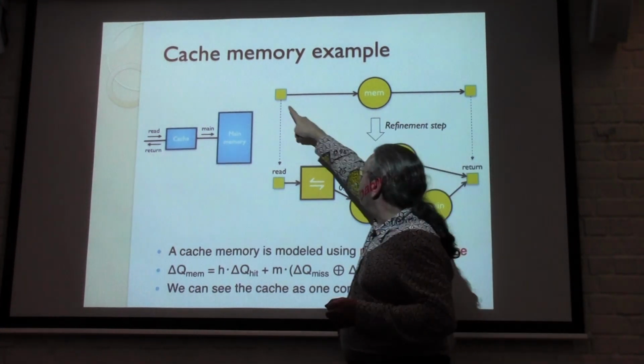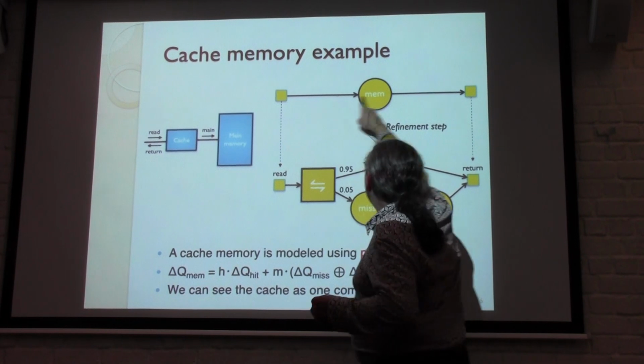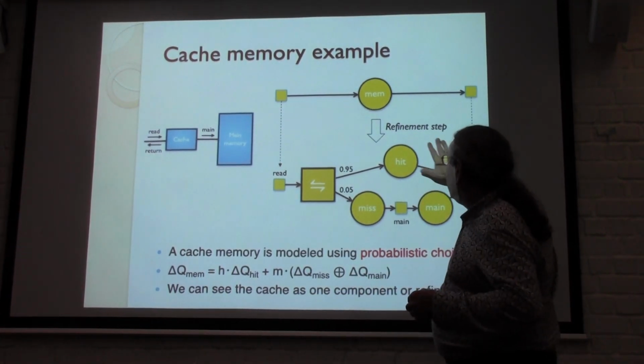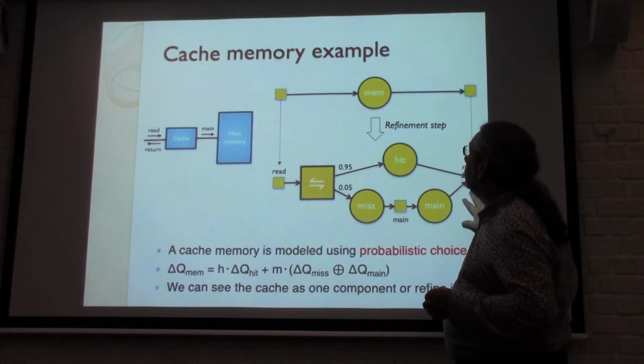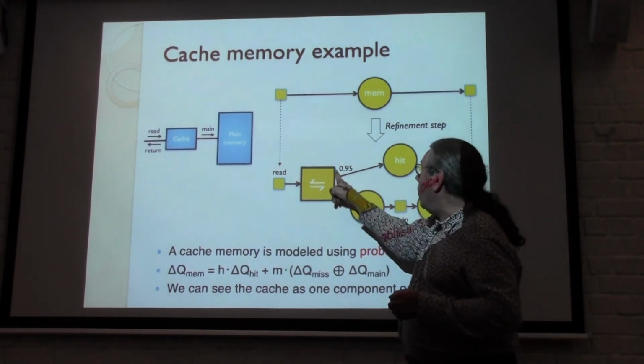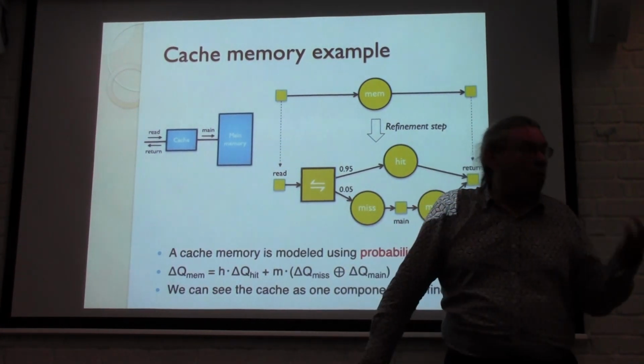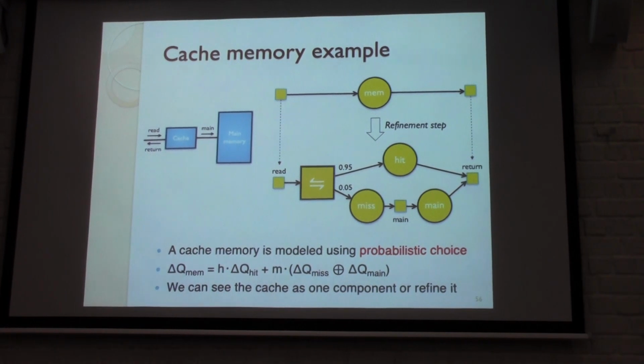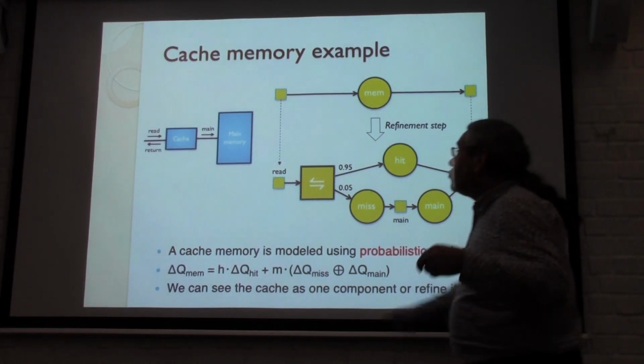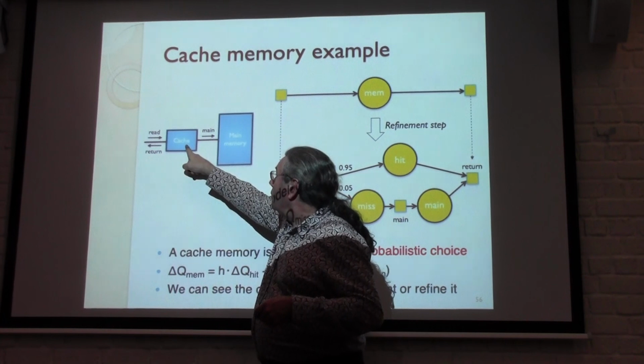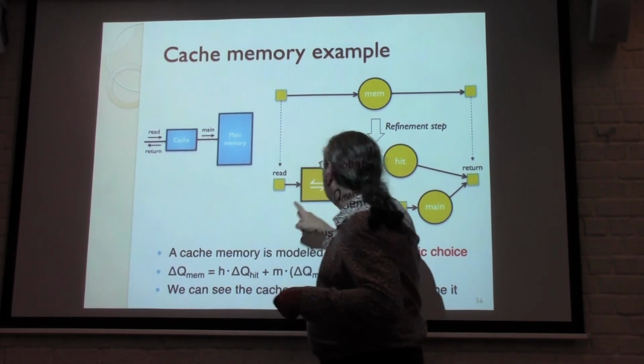Now we can represent this using an outcome diagram. So here's the thing, I have my read and then a return, but we can represent the cache like this. And we add a special operator. Now we are going to more sophisticated outcome diagrams. The cache makes a decision. It's either in the cache or not.